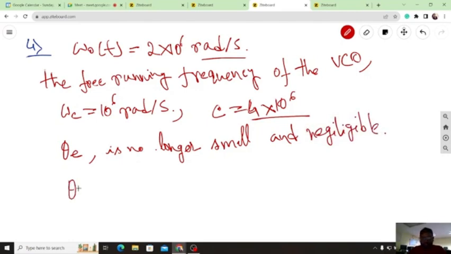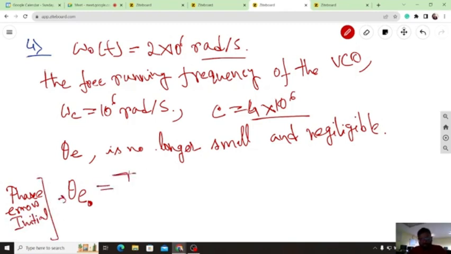The initial phase error that is also given is pi by 18. Then the question is, what is the equilibrium value of the phase error?